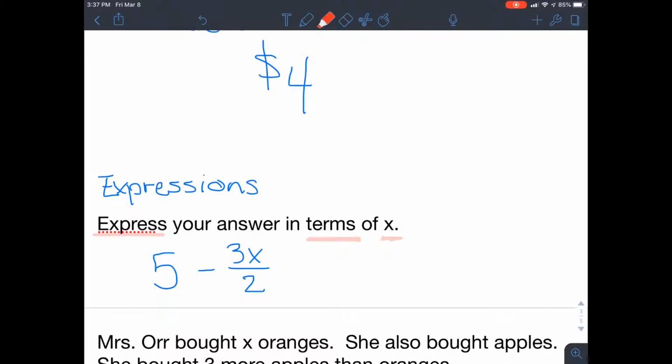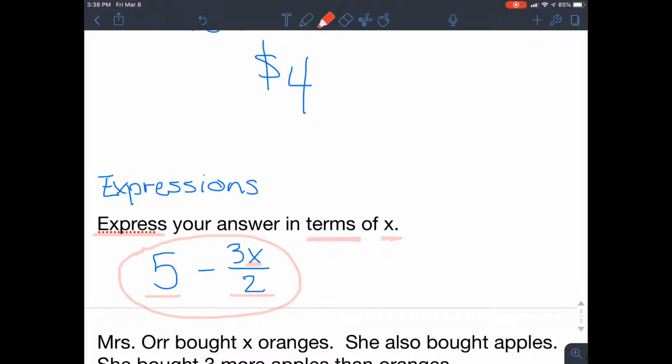X is the variable. The term is each grouping of numbers that are separated by an addition or subtraction sign. So we have two terms here. The expression is the whole grouping here.